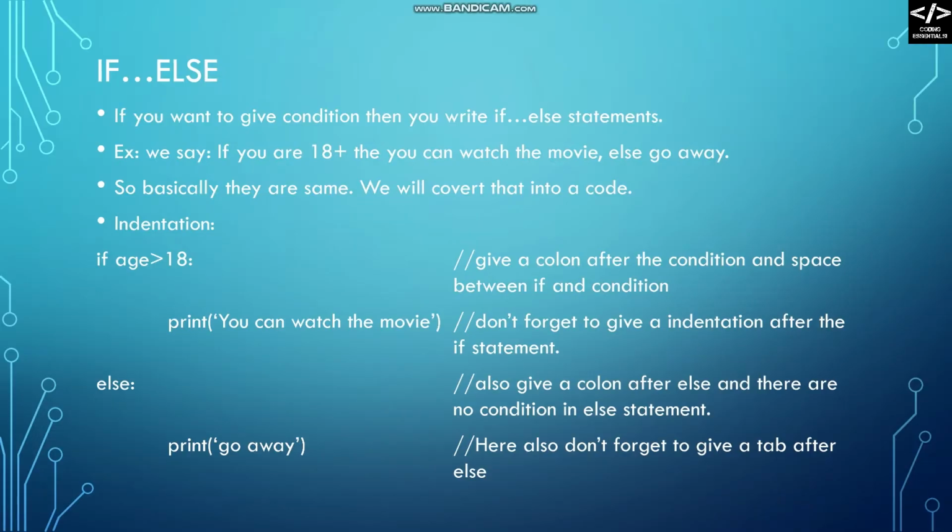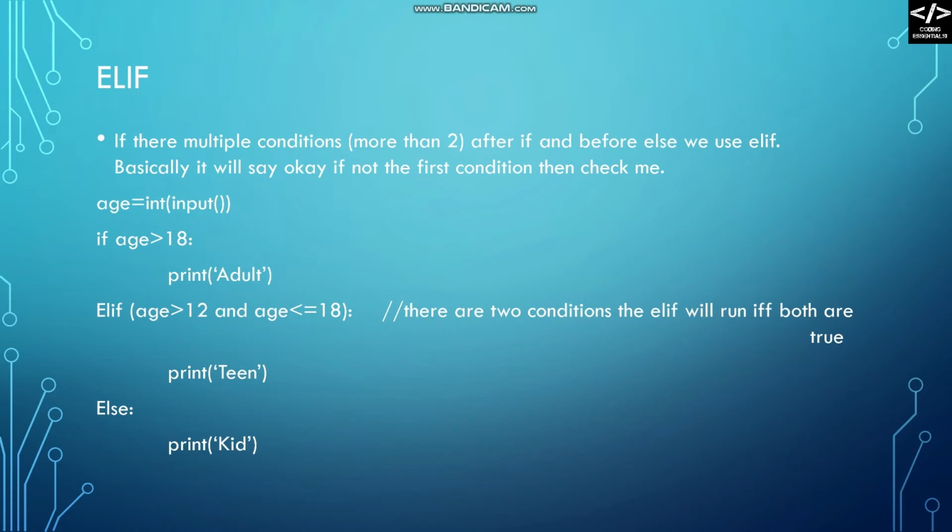Okay, moving on to elif. If there are multiple conditions, that is more than two, after if and before else we use elif in Python. Basically it will say, if not the first condition, then check me. If the condition for if is false, then it will give the control to elif.